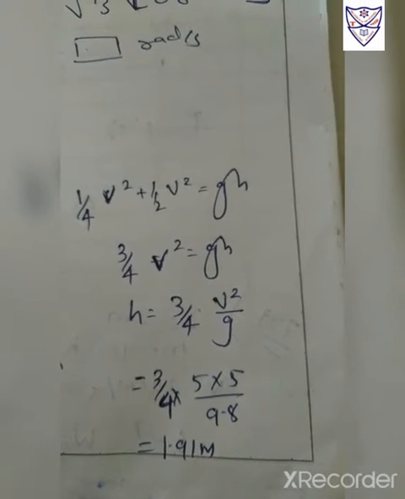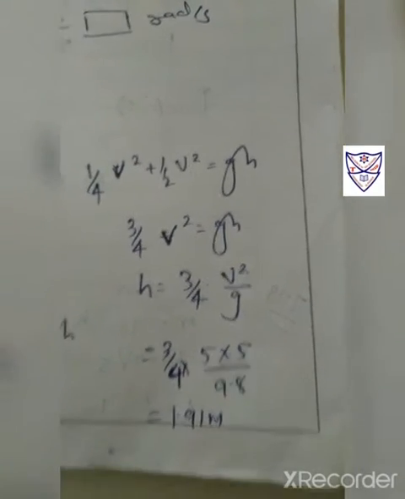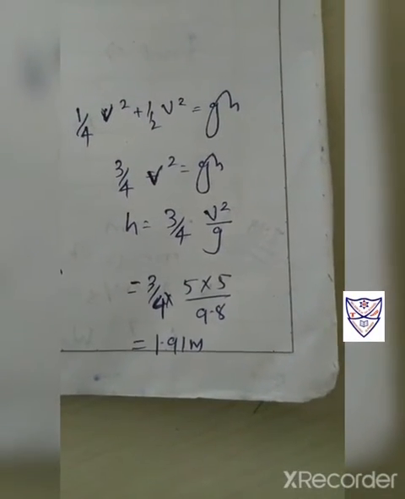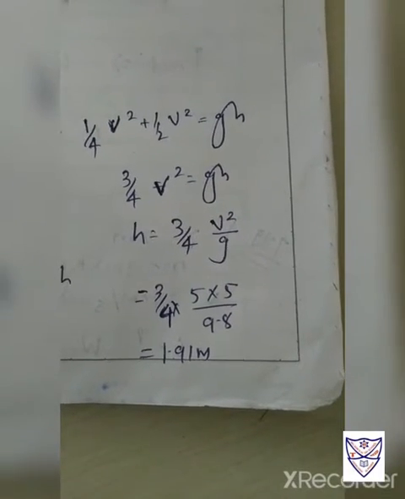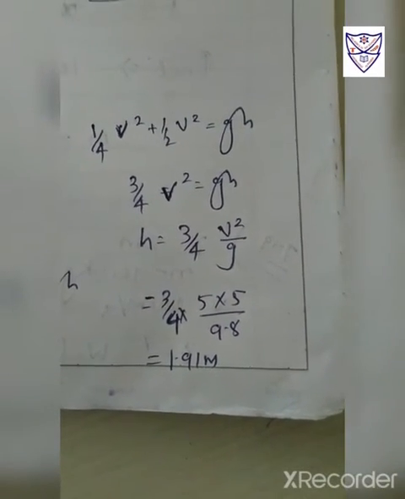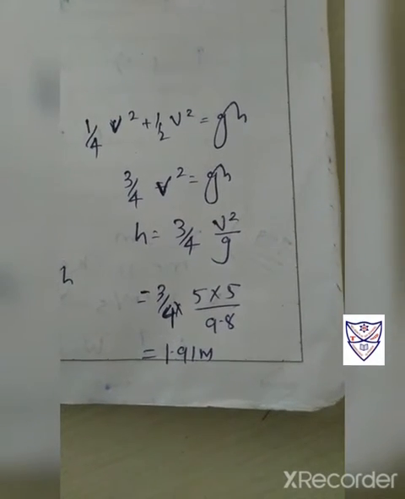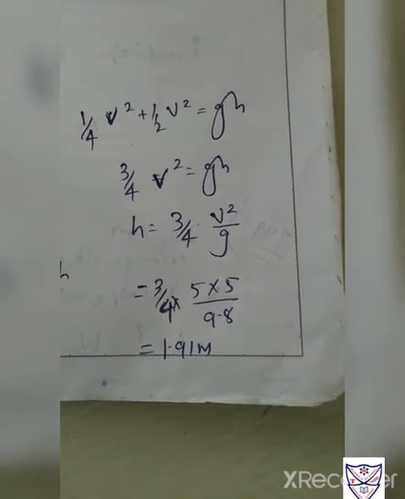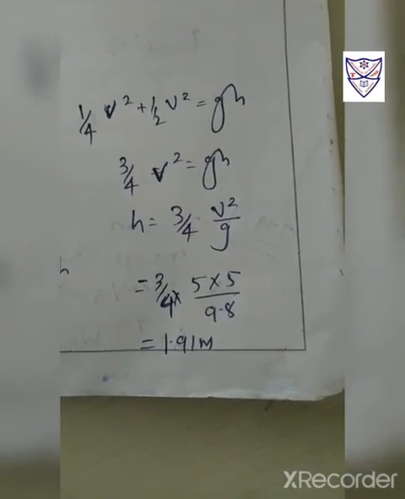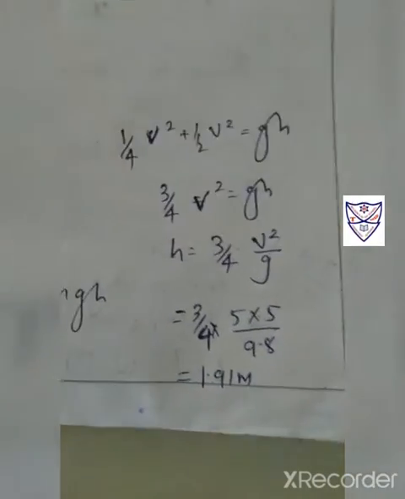H is equal to 3 by 4 v square by g, which will be equal to 3 upon 4, and the value of v is 5 into 5, g is equal to 9.8 here, constant. So we'll get 1.91 as the H for the given case.